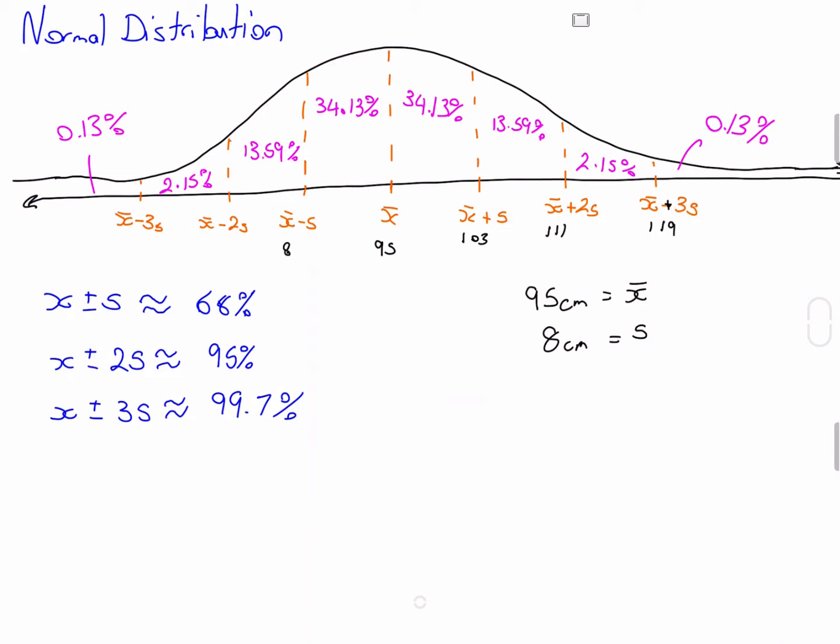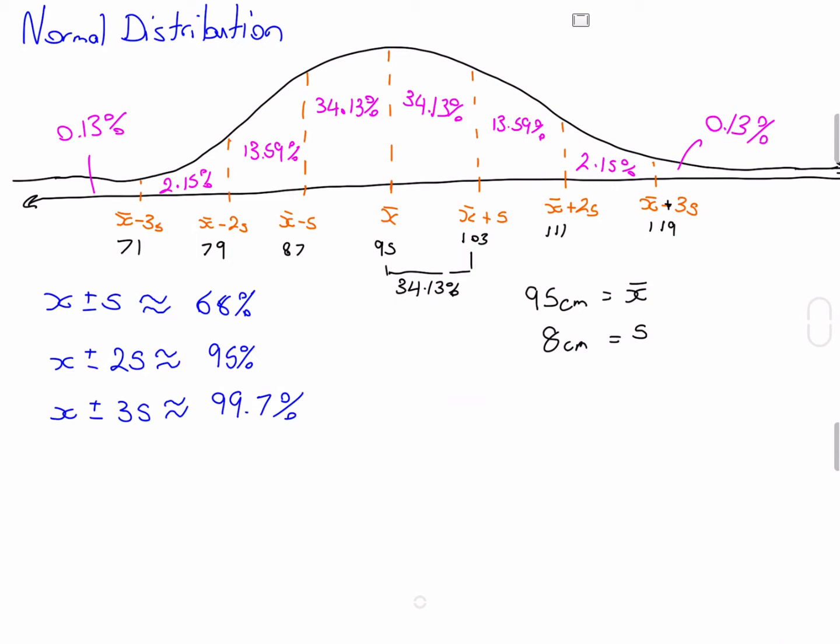In this case, going the other way, we've got 87, 79, and 71. So what percentage lies between 95 and 103? Well, that's between this point here and this point here. In this region, we've got 34.13%, and that's our answer.